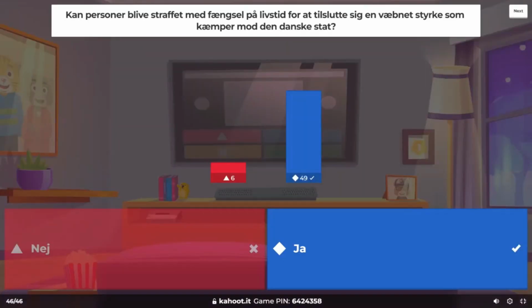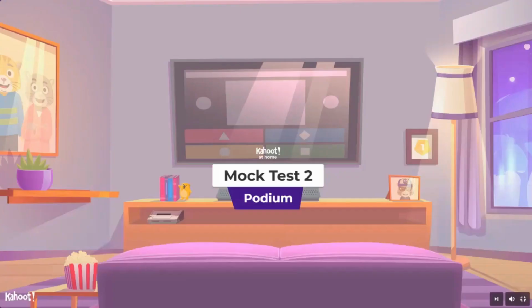Okay. Right, that was the last question. Let's see what that podium is looking like. Hang in there so we can actually look at the results of this. You need 80% to pass. And you also need 4 of the last 5 questions. This is going on the website hopefully by tomorrow, and you'll be able to have a look at your results.